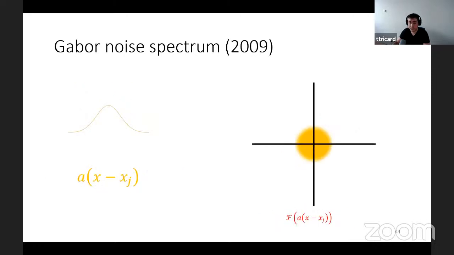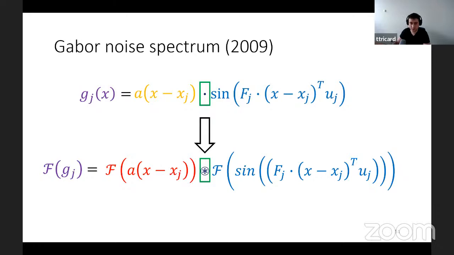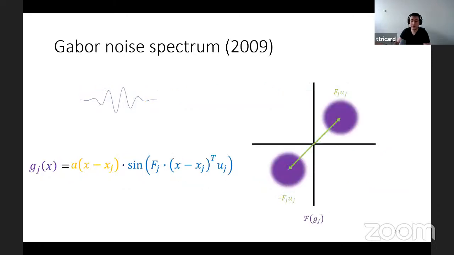And of a Gaussian, that will also be a Gaussian in the Fourier space. And as we multiply a Gaussian by a sine wave in the space domain, in the Fourier space it will be the convolution of the two Fourier transforms. So in the end, our spectrum will be two lobes of energy, two Gaussians in the spectrum, positioned with the frequency and the orientation of the kernel.